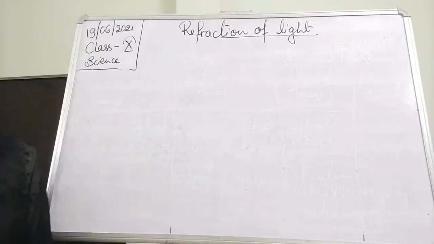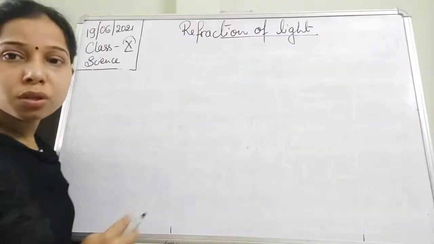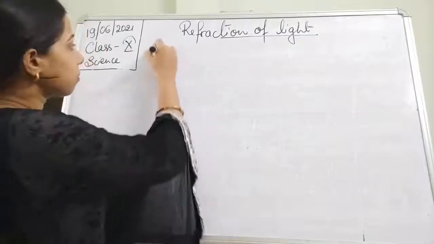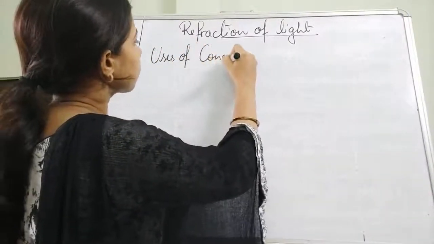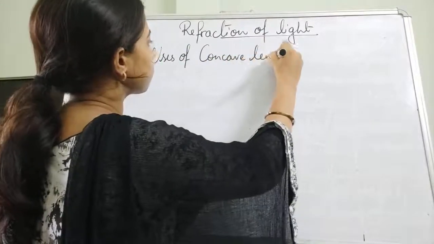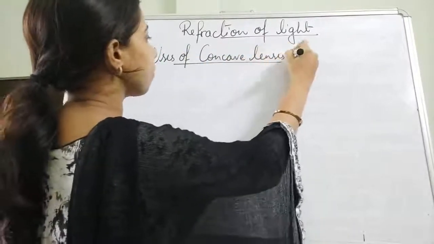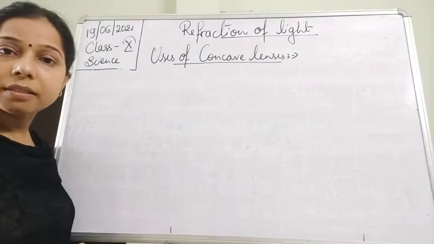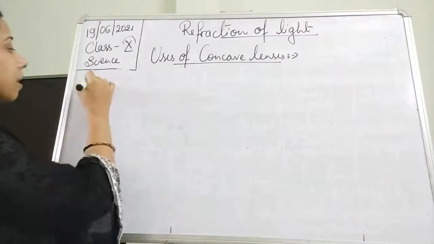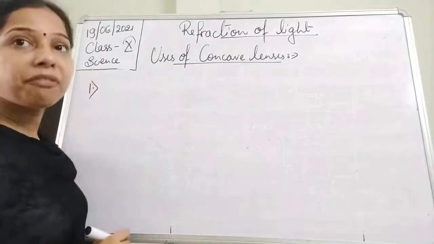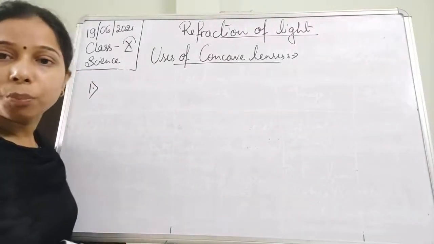Moving on, we will see what the uses of the concave lens are, students. Uses of concave lenses. The first use is to correct the defect of myopia.